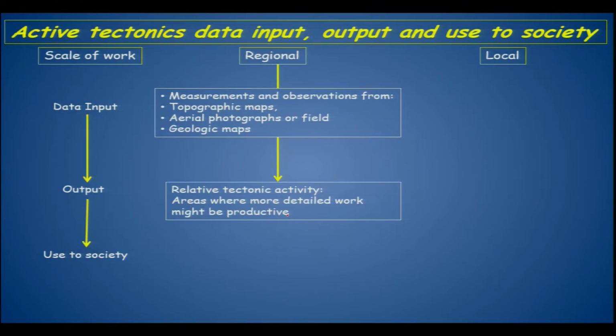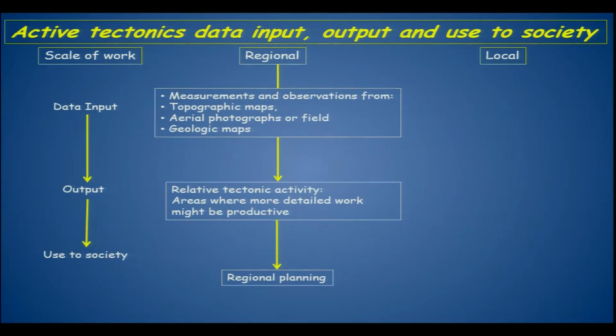So you can identify certain areas, and that can be done based on the inputs you have collected: the measurements and observations from topographic maps, satellite data or aerial photographs, and geological maps.